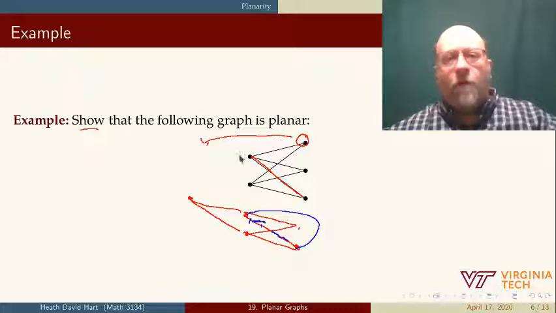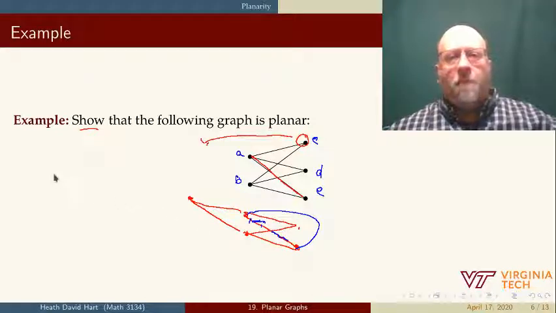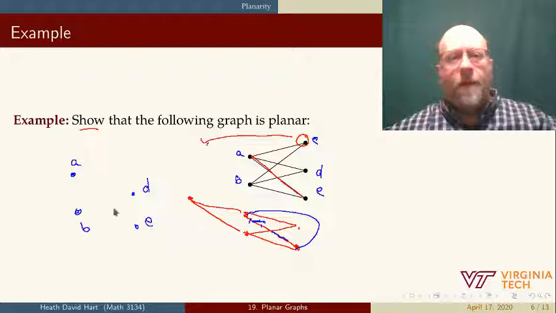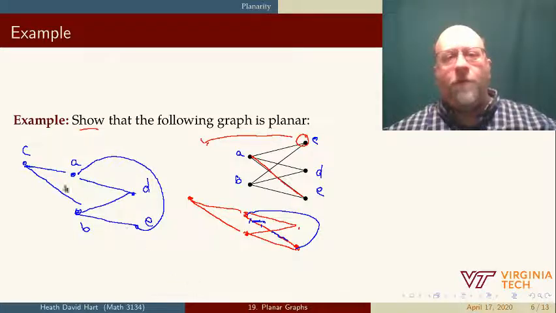And so if I call these vertices A, B, C, D, and E, this is planar because I can place A, B in one column, D, E in one column, C over here in a column by itself. C connects to A and B. D connects to A and B. E connects to B, and E connects to A, but taken a long way around so it doesn't go through anything. And so this graph is planar.